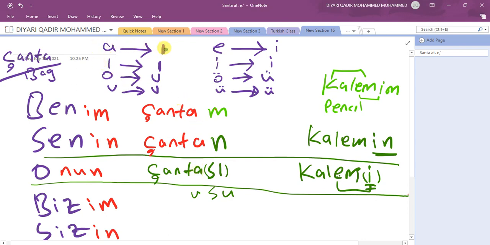This a is changed to this e. This u changed to u again. If it ended with o, then directly we put s so that they don't mix, and then this o converts to u. That's it. This is very easy, but you need more examples until you get used to it.